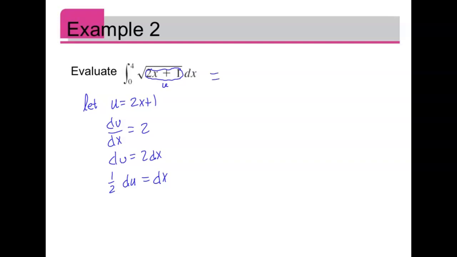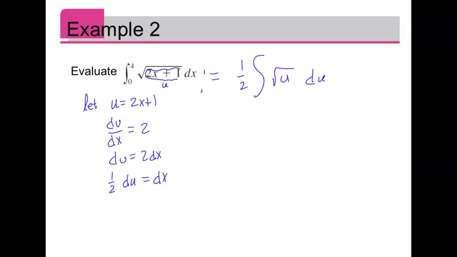So my integral is going to become, first thing, we substitute out the dx with half du, but the half is a constant multiple that I'm allowed to just pull out of the integral. And then what's under the radical got replaced with u, so it's just root u du.